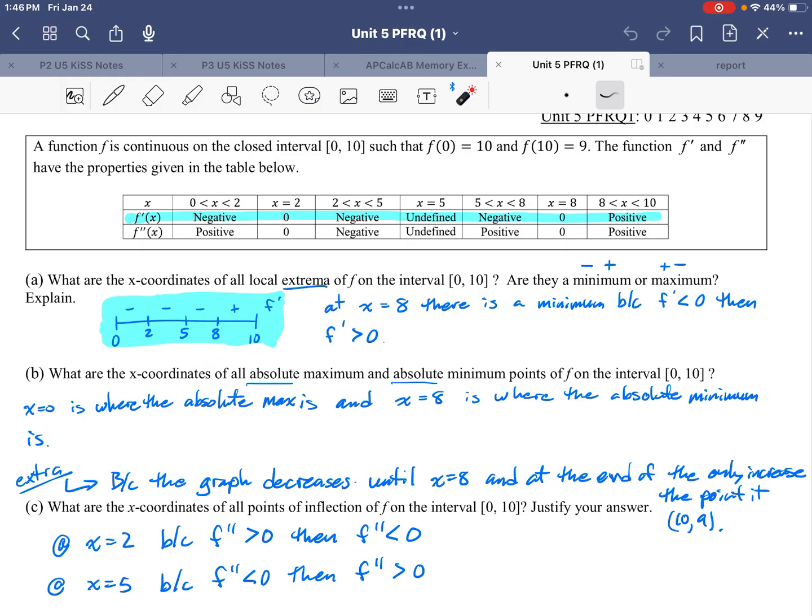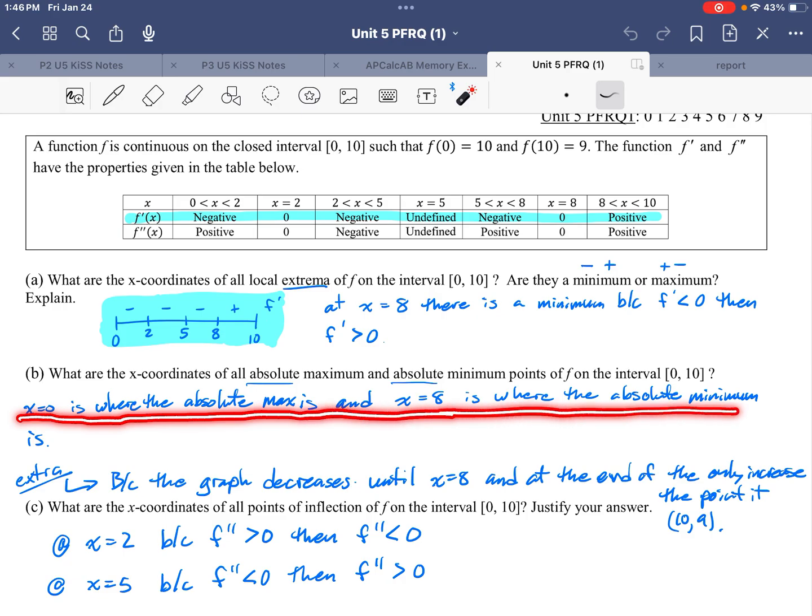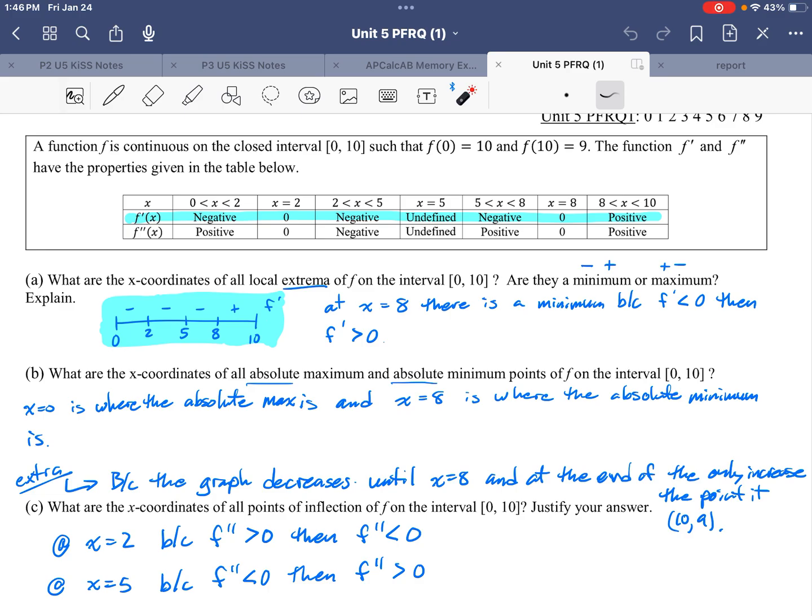So 8 must be where our absolute min is, because 8 is definitely smaller than the value of 10 at 0. F of 0 is 10, which is why I wrote x equals 0 is where the absolute max is, and x equals 8 is where the absolute minimum is. Now, it doesn't say why here on this problem, but what's this extra stuff I wrote?